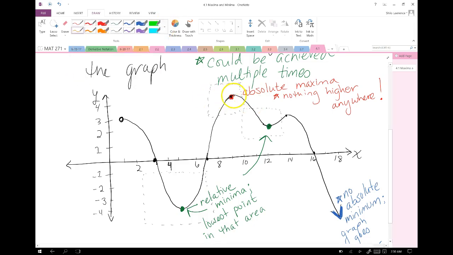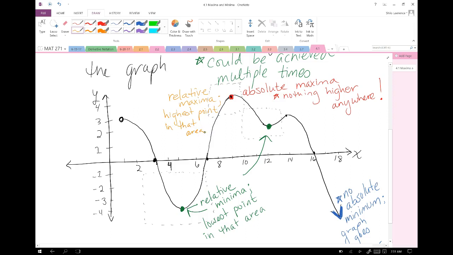So that point is also a relative maxima. It is the highest point in that area.